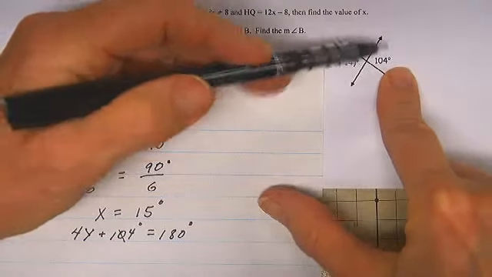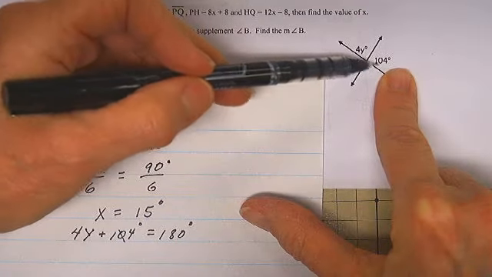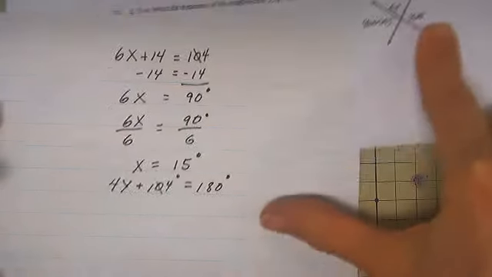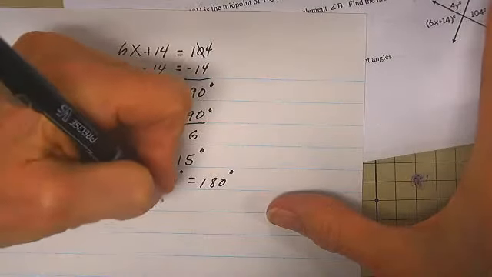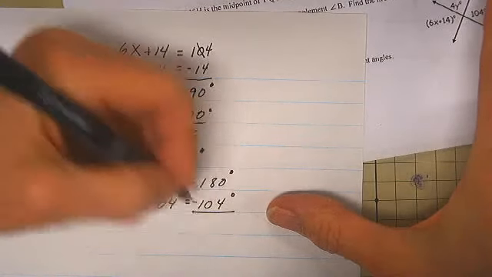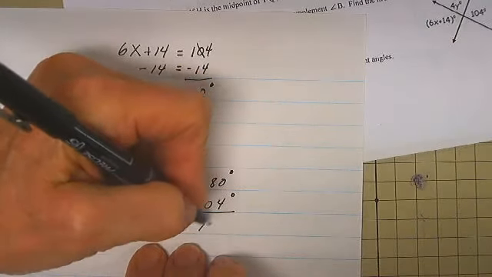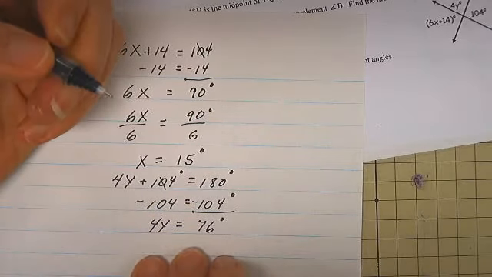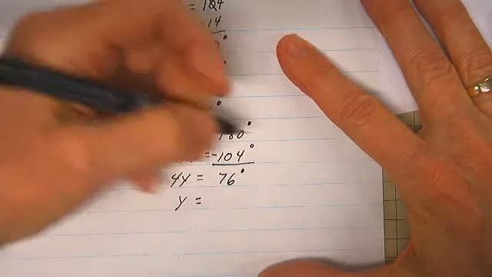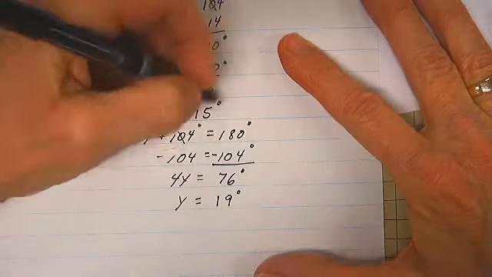Here I subtract 104 degrees from each side. That gives me 4y equals 76 degrees. So if 4y is 76 degrees, y is equal to 19 degrees.